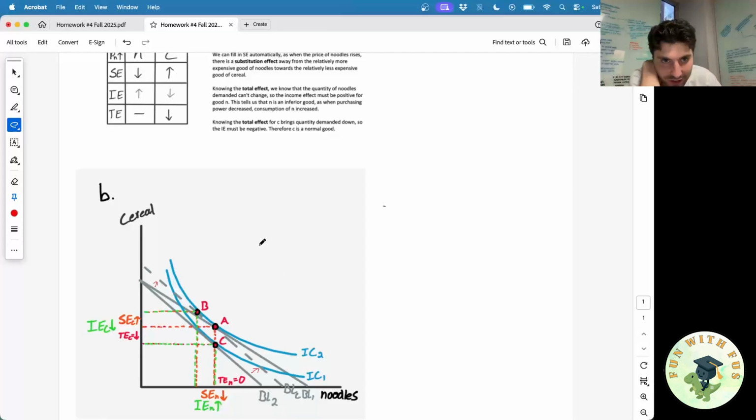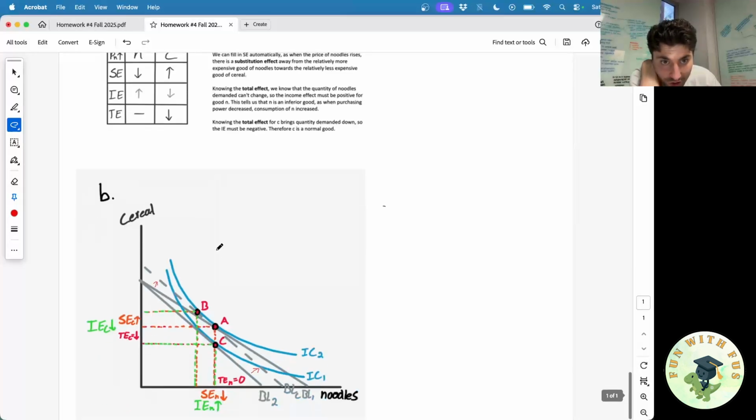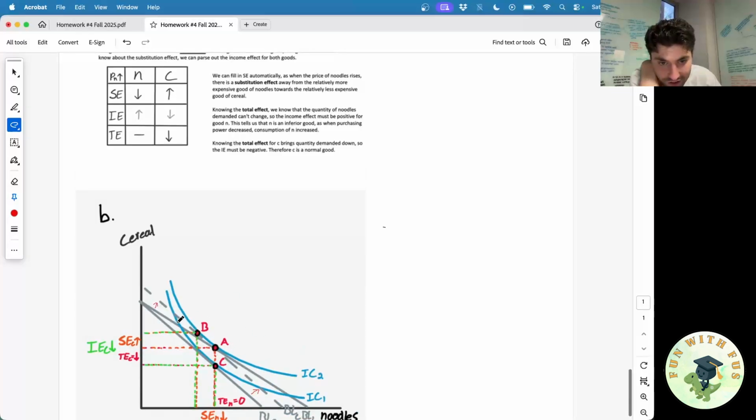What else would I take note of here? They found these points by taking the chart. Typically you'll make the graph based on the chart. With noodles, for example, from A to B, I know that noodles should go down, which it did, and that the cereal should go up, which it also did.